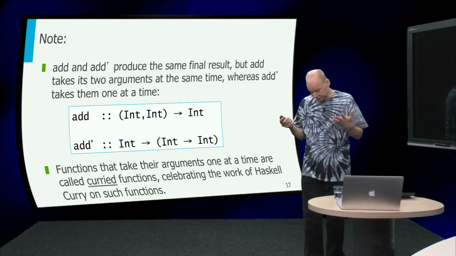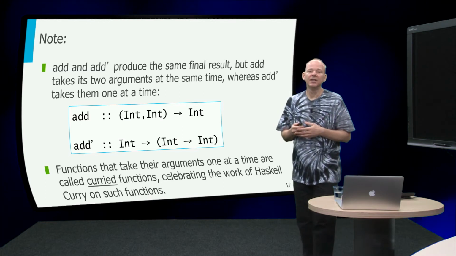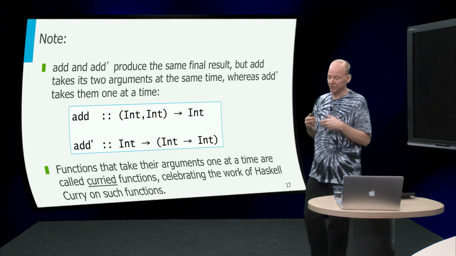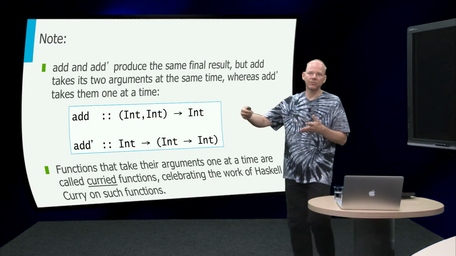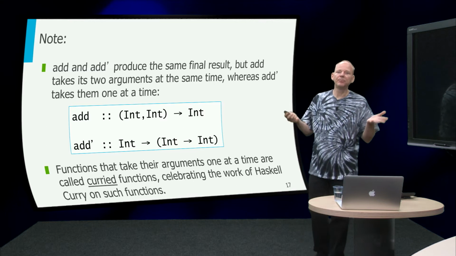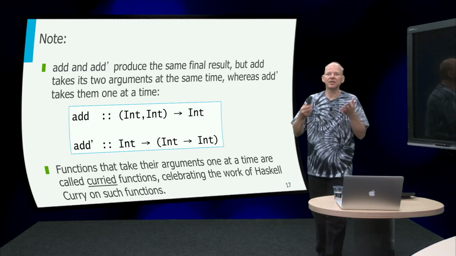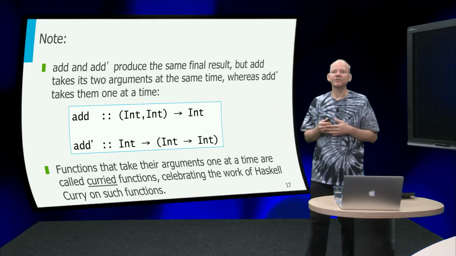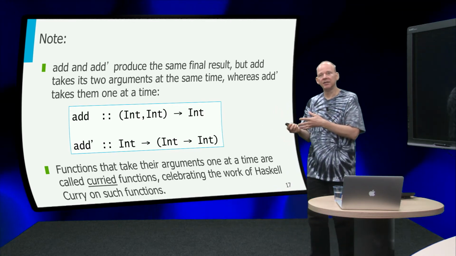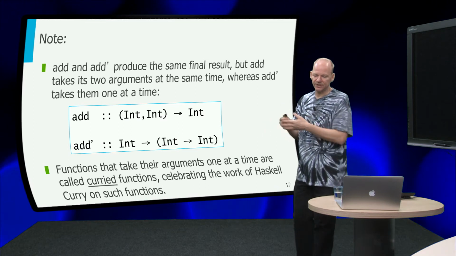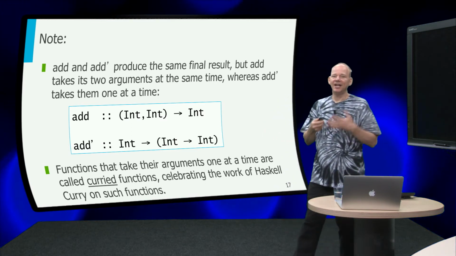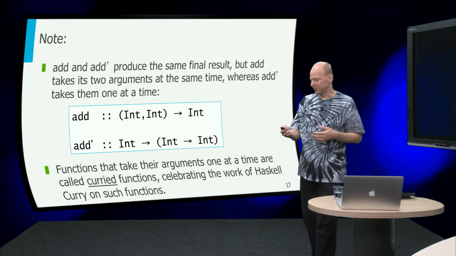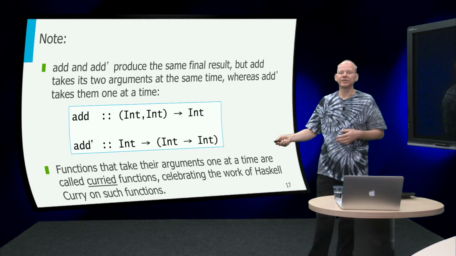And the person that invented this way of dealing with functions, where the functions take the arguments one by one, was Haskell B. Curry, and Haskell is named after him. So that's where Haskell comes from, just like Pascal was named after Blaise Pascal. Haskell is named after Haskell B. Curry, the person that invented currying of functions.